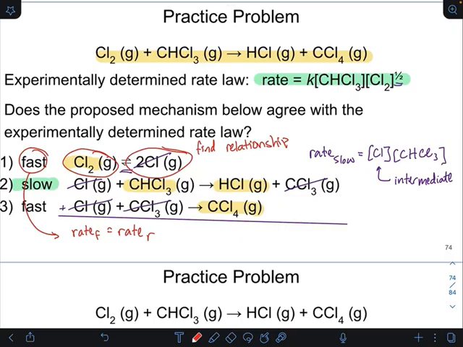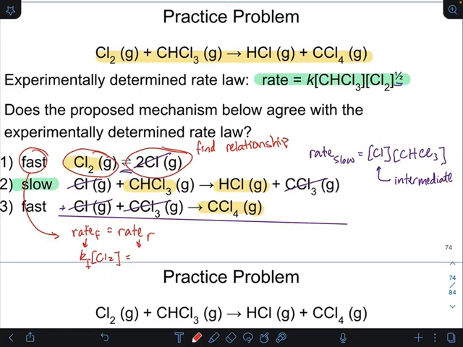So what I can do is I can write rate laws for the forward reaction and for the reverse reaction. The rate of the forward is going to be equal to K times my concentration of Cl2. I'm going to call this Kf.